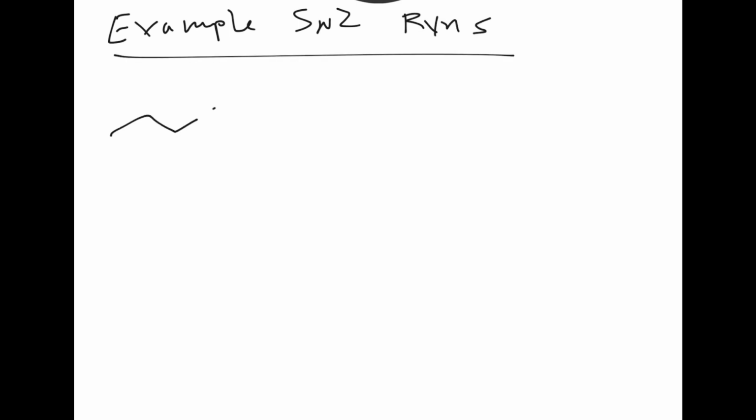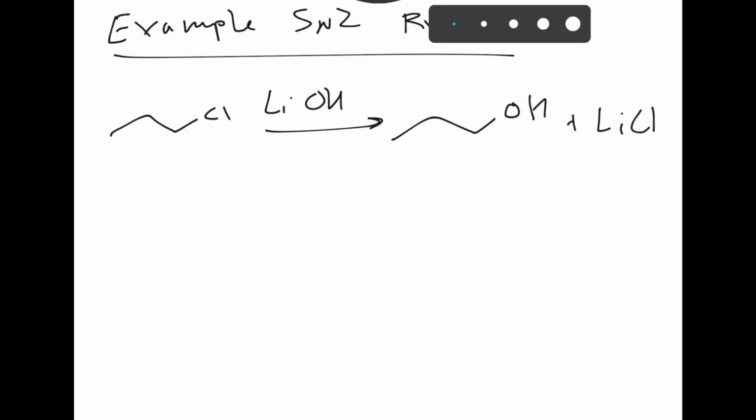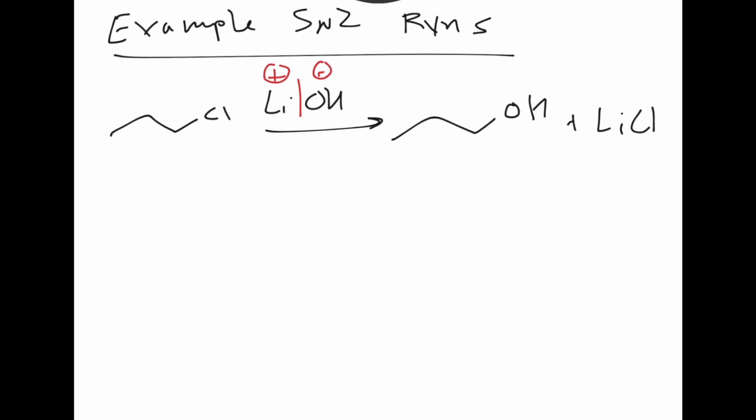So you can have hydroxide as your nucleophile, and you're going to displace your leaving group, in this case a chlorine, and replace it with an OH, and you're going to make lithium chloride, right? So you can break this in half and say, hey, the oxygen is negative, the lithium is positive, so the negative thing is going to add to the carbon that has the leaving group on it.